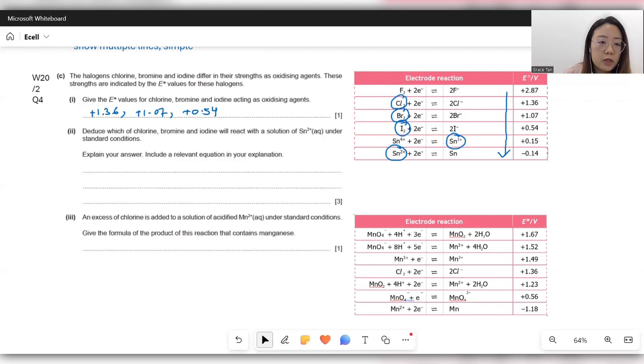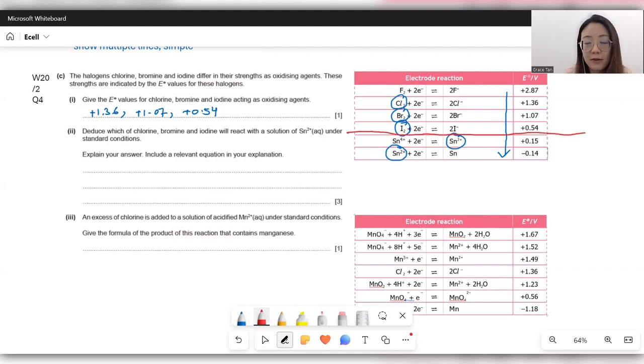So which of the 3 halogens will react with tin 2 plus? Halogens are on the left of the equation. So any halogen you pick, there's a line between here. All the halogens you pick are more positive. Correct or not? So that means the halogen will undergo reduction regardless of which you pick.